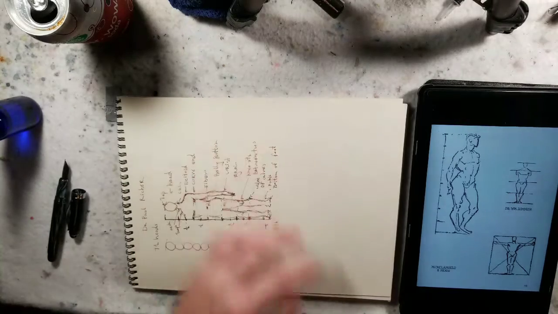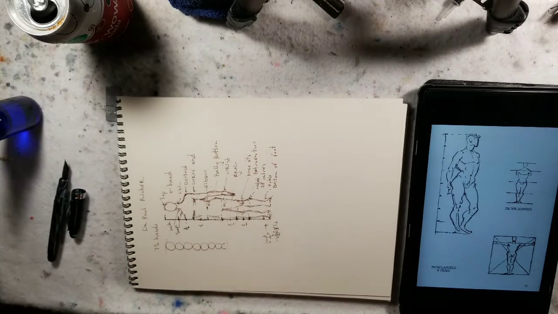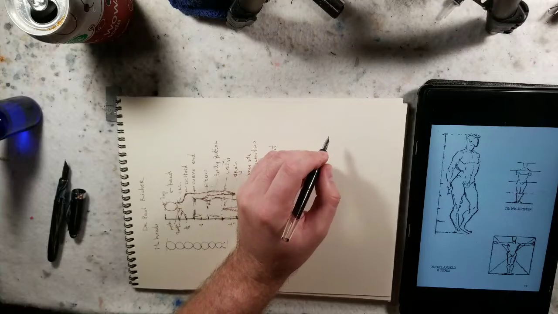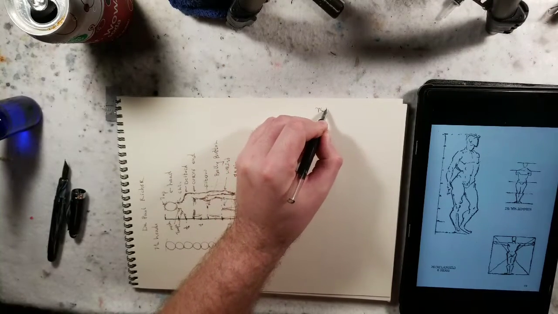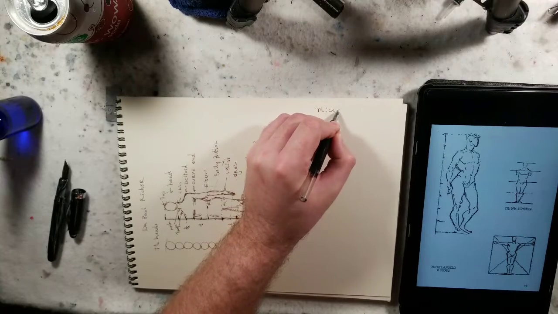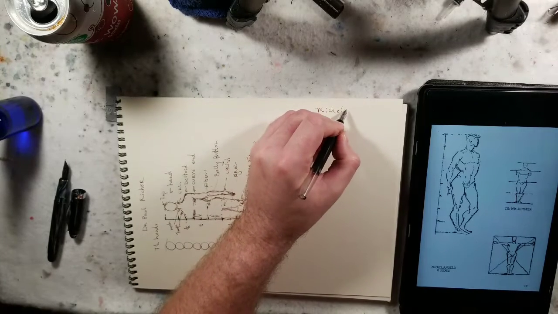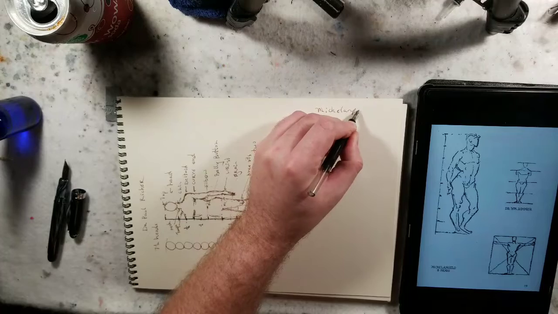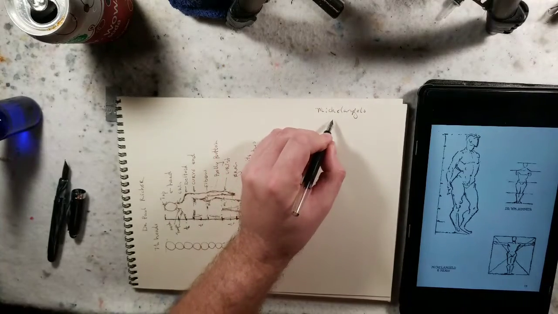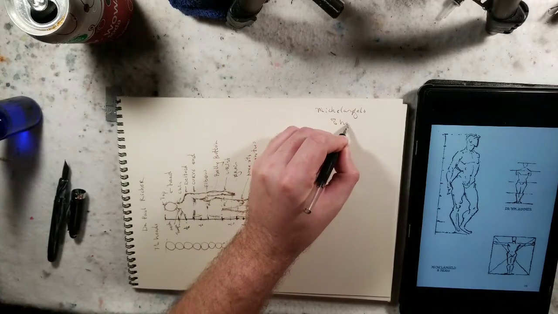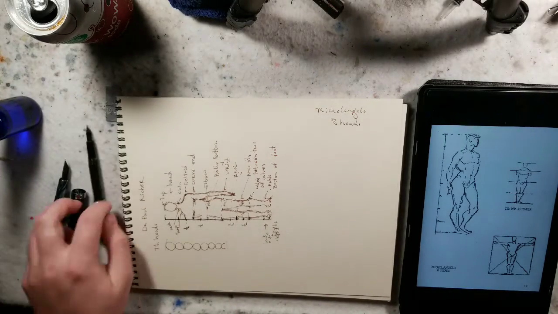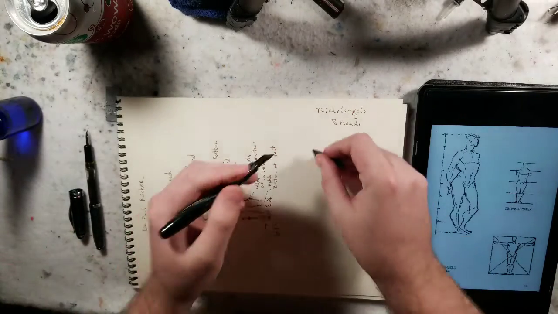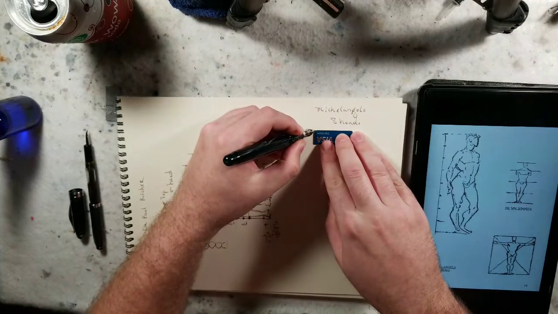Okay, let's see. I don't want to smear that. Okay. So this is Michelangelo's approach. And his is 8 heads. So I'll use this guy again to mark off.